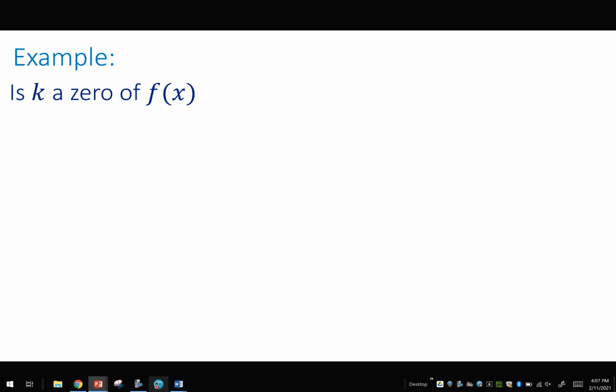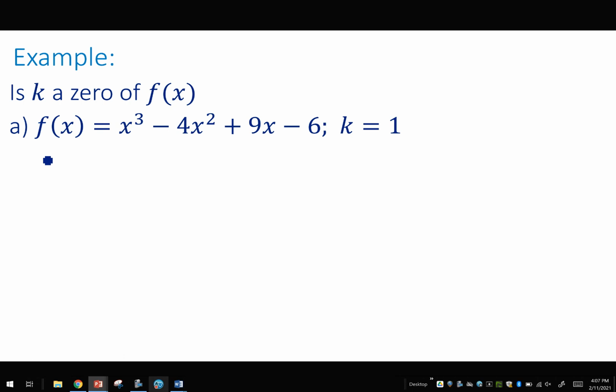So let's determine, is k a 0 of the function? The first one we're going to look at is f of x equals x cubed minus 4x squared plus 9x minus 6. And they're telling me k is equal to 1. So if I determine what f of 1 is, that's going to be 1 cubed minus 4 times 1 squared plus 9 times 1 minus 6.